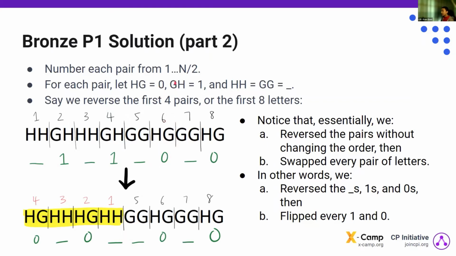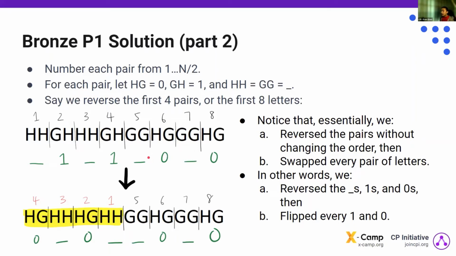We're going to denote GH as 1, and HH and GG both as an underscore. I really should have named this 2, but I guess it's fine. It's understandable in my opinion.